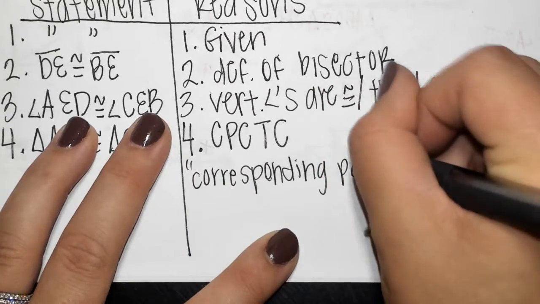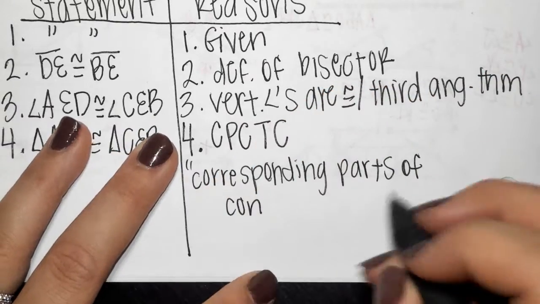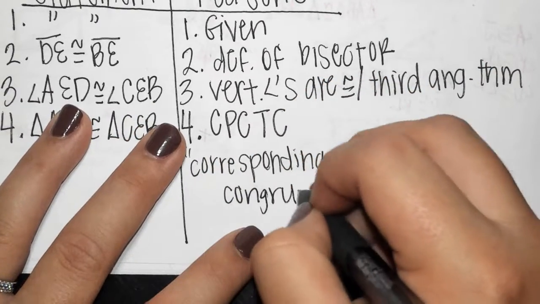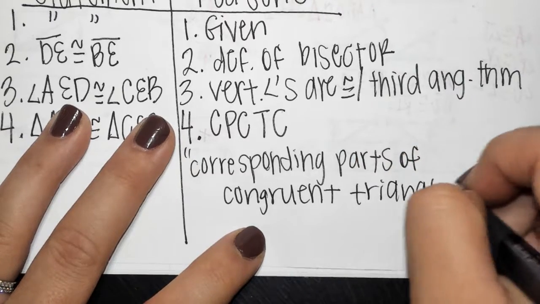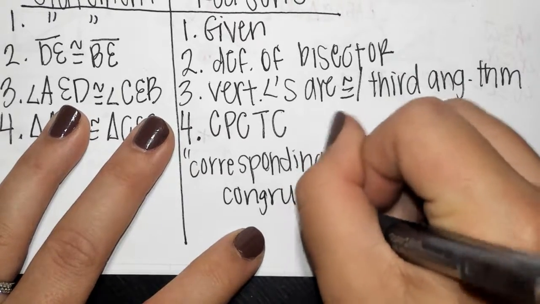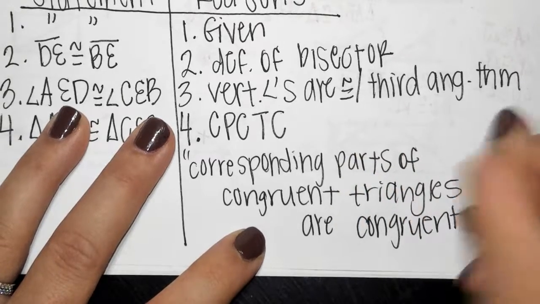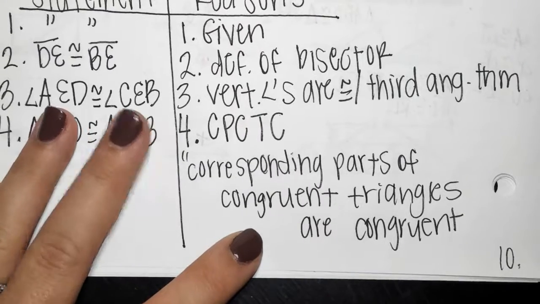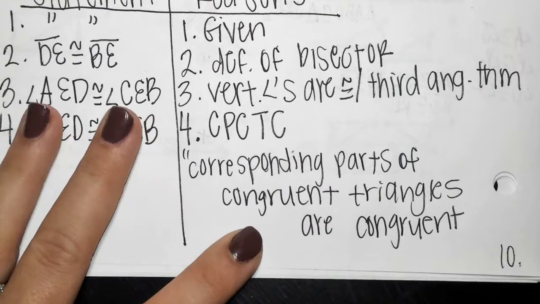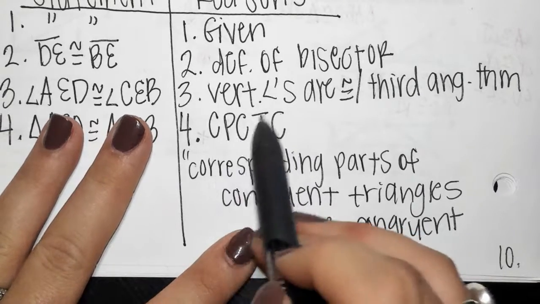Corresponding parts of congruent triangles are congruent. Wouldn't you rather write the shortcut? Congruent parts of congruent triangles are congruent. CPCTC. So, 3 C's, P in between, T in between.